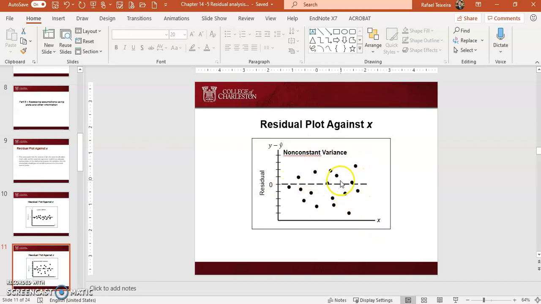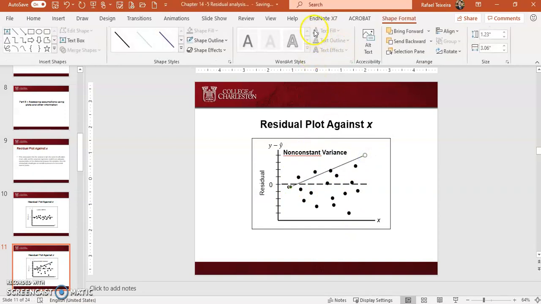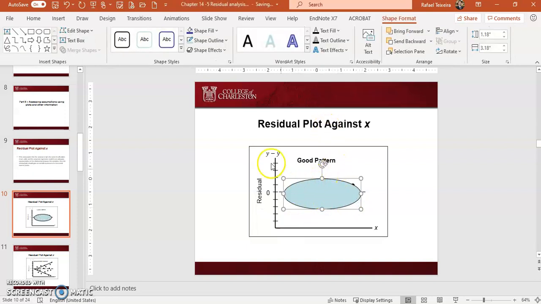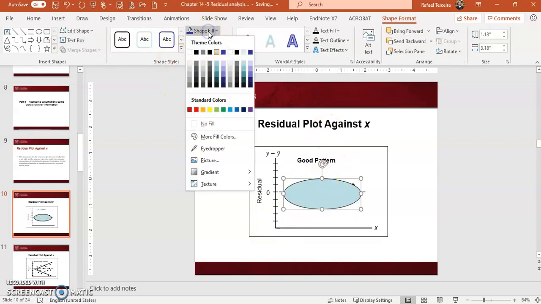This is non-constant variance. You can see that you have kind of a V here. So the variance increases as I increase the value of x. In this case, what I'm looking for is kind of an ellipse, which shows that they vary all in the same way.